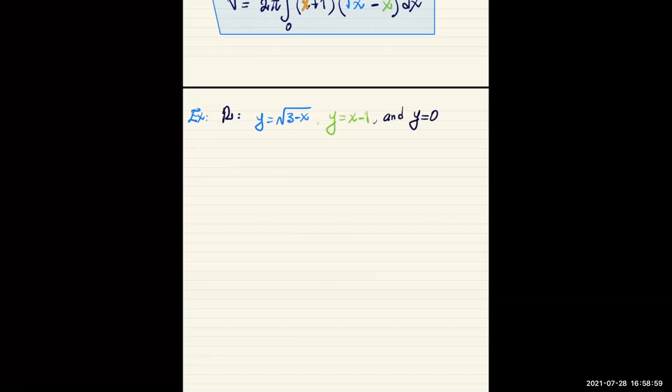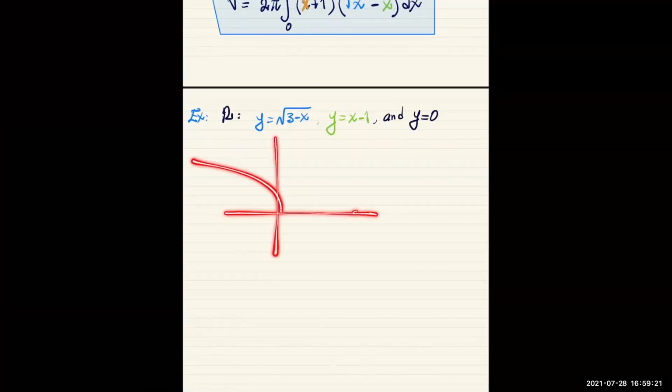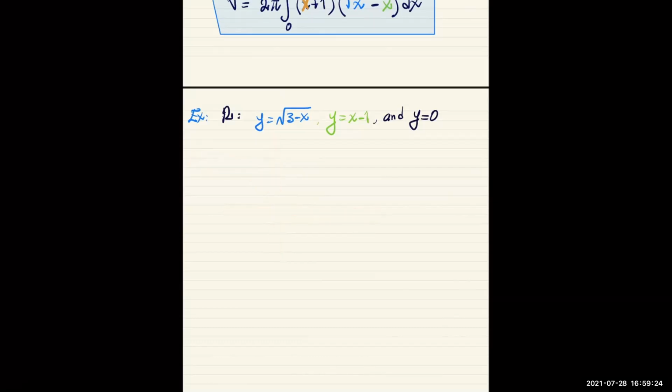So what we want to do is find the intersection points. Let's try to picture this graph. The graph of y equals the square root of 3 minus x is a square root graph, but shifted. The minus x means the square root of x, which opens right, becomes the square root of negative x, which has the opposite domain and opens to the left.